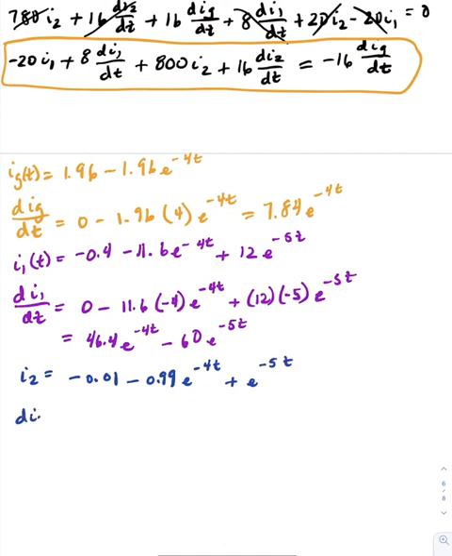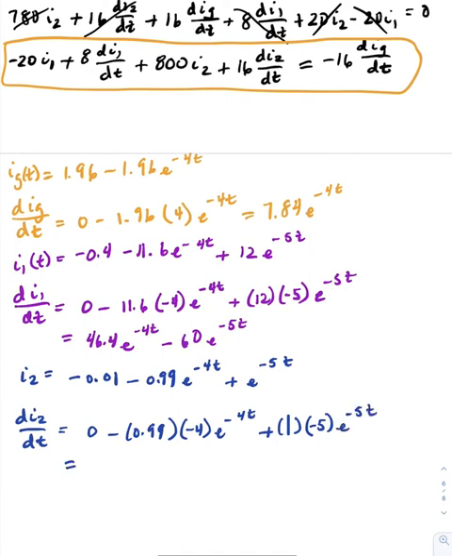So di2 over dt is equal to 0 minus 0.99 times minus 4 e to the minus 4t plus 1 times minus 5 e to the minus 5t, which is equal to 3.96 e to the minus 4t minus 5 e to the minus 5t.